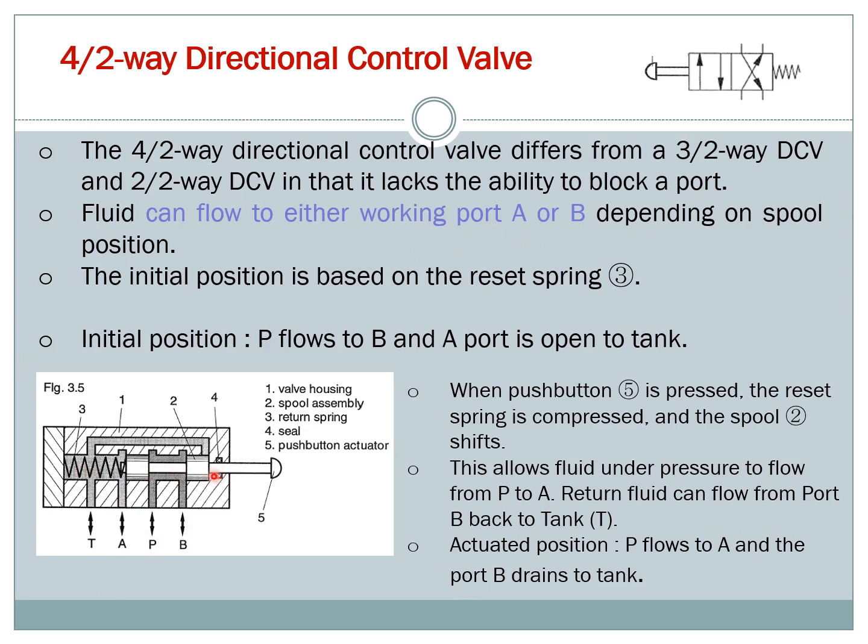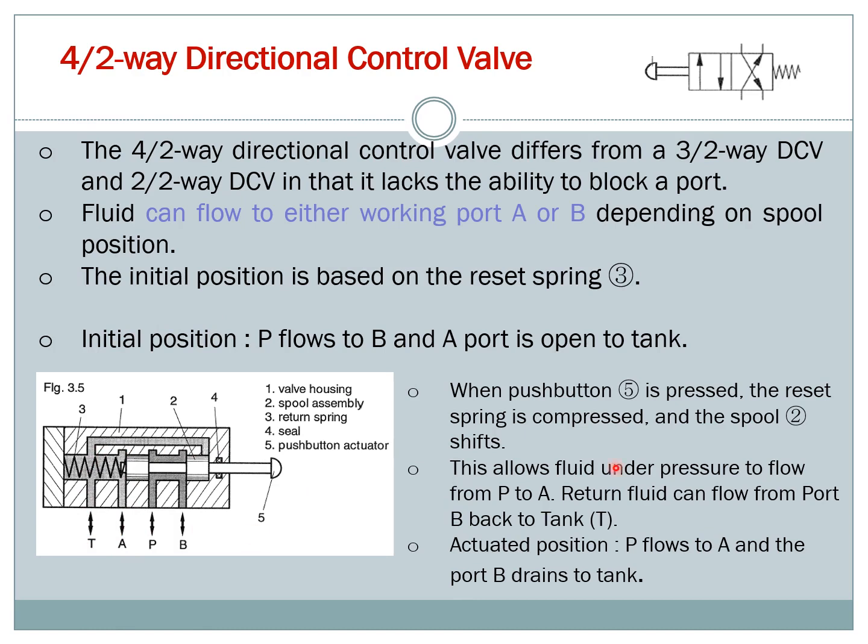This is a spool. Okay, so the initial position is based on the reset spring. Since you have a spring inside, the initial position depends on the position of the spring. Okay, so you can see initially, in the unactuated position, pressure is flowing to port B and port A is connected to tank.